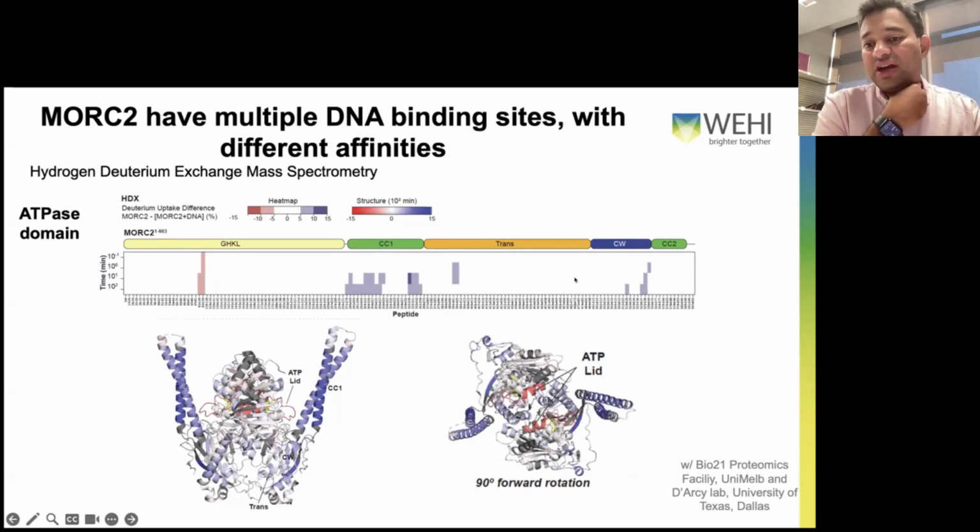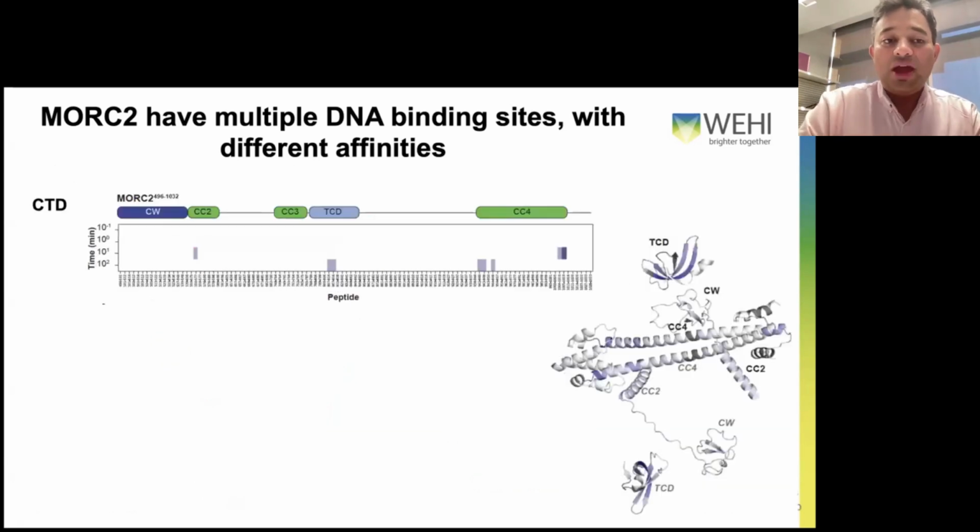However, we also found sites belonging to the zinc finger, but even more interestingly, when we took the C-terminal domain of MOC2, we also started seeing DNA binding sites within the C-terminal domain, which was quite new.